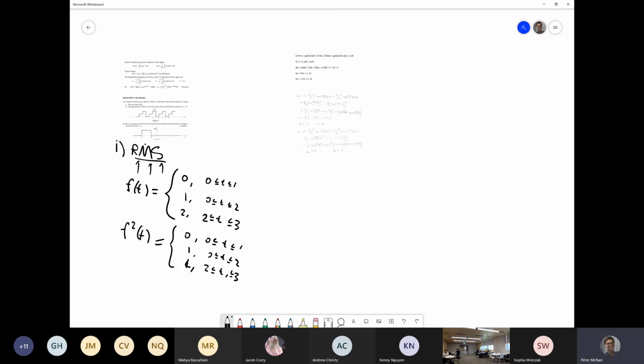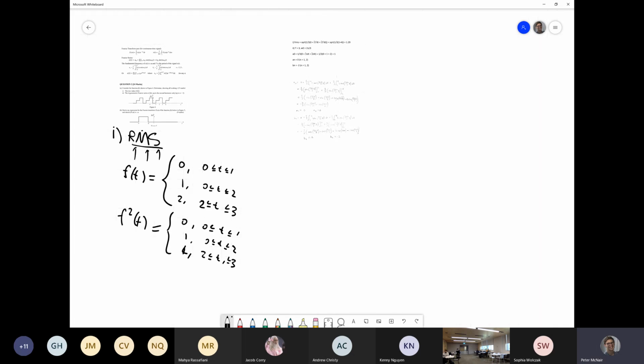And then let's take the mean. So the mean is essentially just an integration, right? We're taking an average, which is a sum. So if we take an integral from 0 to 3 of f squared of t dt, this is going to be equal to integral from 0 to 1 of 0 plus integral from 1 to 2 of 1 plus integral of 2 to 3 of 4.